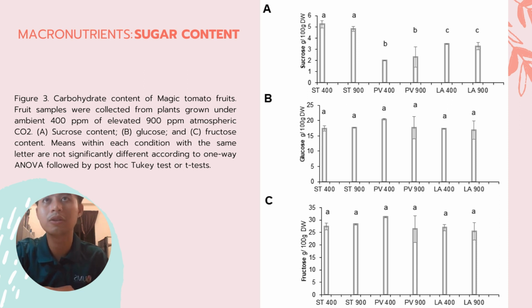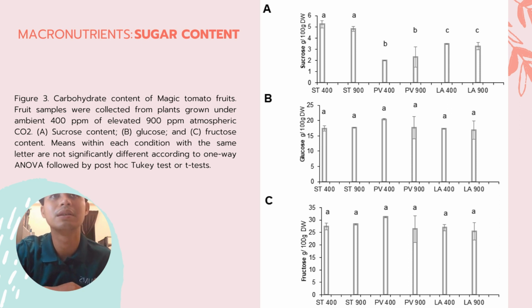Next is for macronutrients, which is sugar content. Carbohydrate content of magic tomato fruits were collected from plants grown under 400 ppm or elevated 900 ppm atmospheric CO2. A is for sucrose content, B glucose content, and C fructose content. And as we can see here at the graph, for ST 400 ppm and ST 900, ST 400 has higher sucrose compared to ST 900.